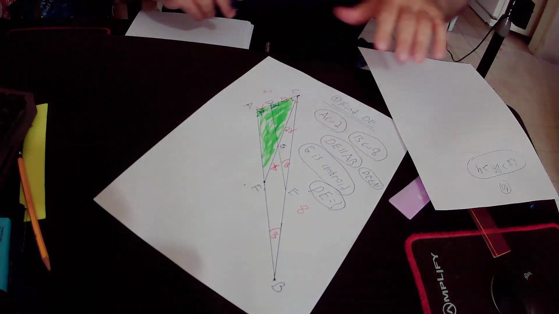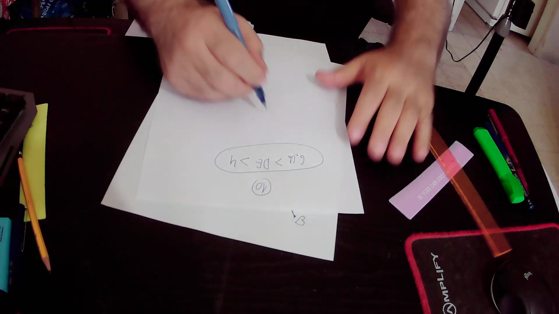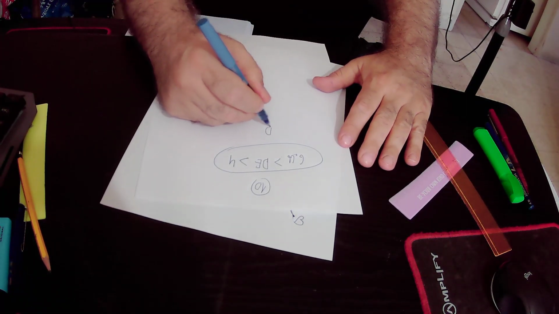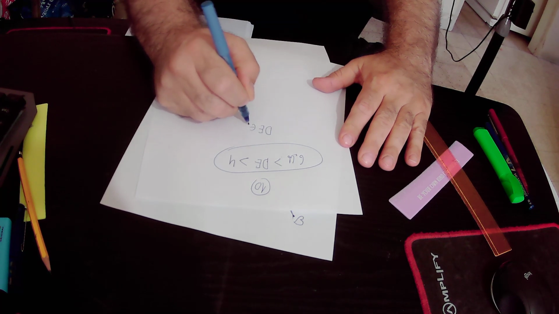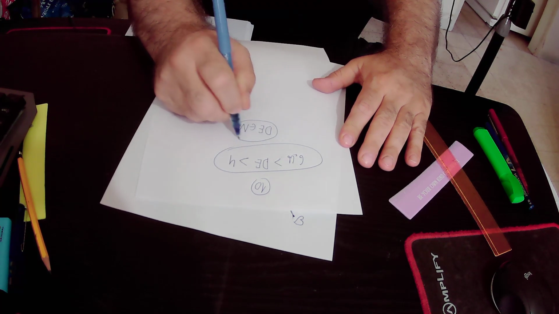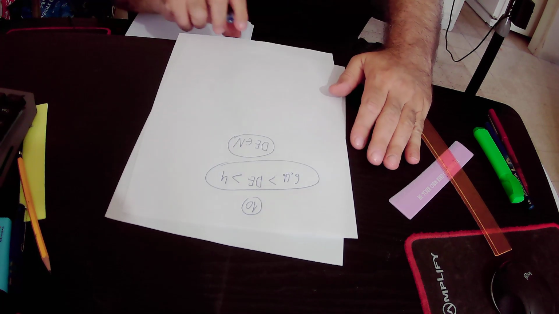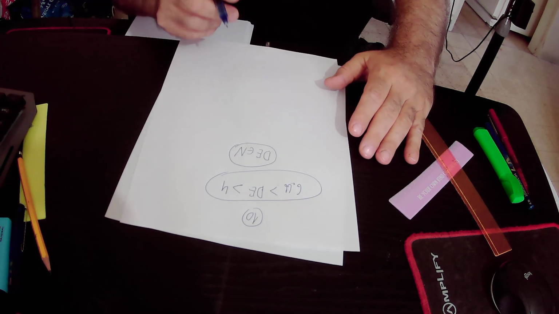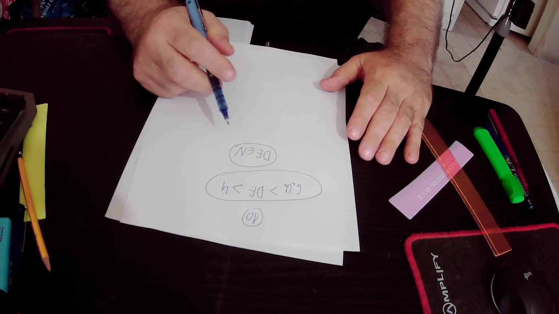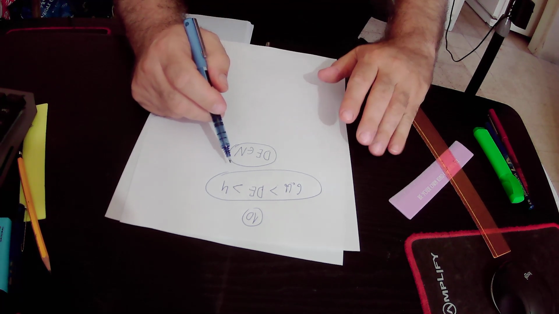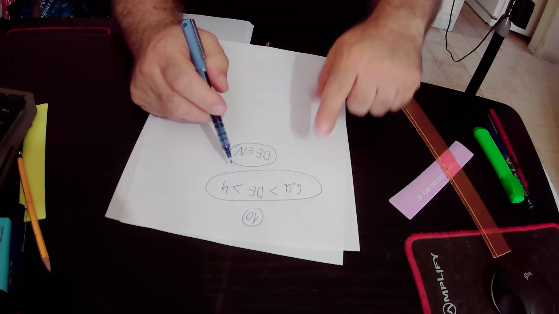So which natural numbers do we have that are greater than 4 and smaller than 6.66?